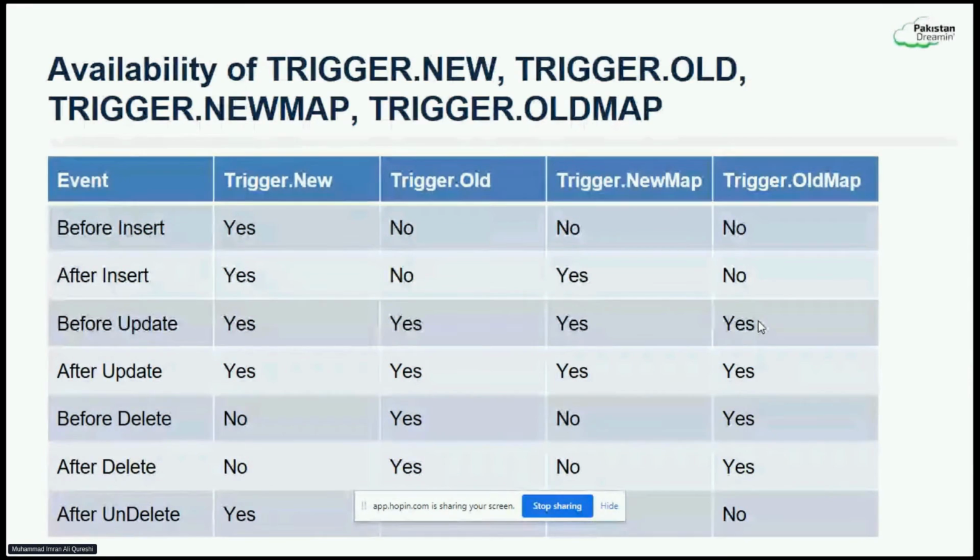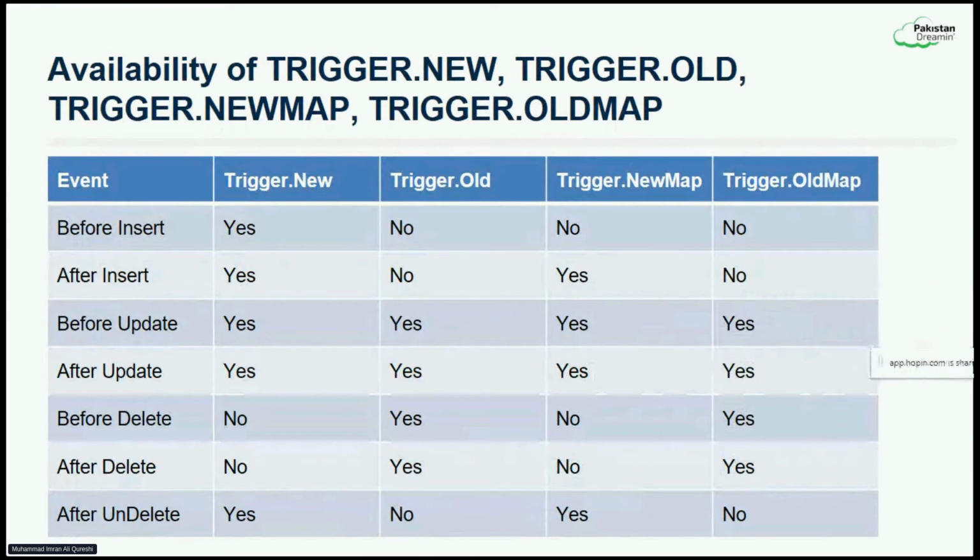We don't have any new and new map context variables, because the record will be deleted. So we just have the old values for this event. Same for after delete, we just have old and old map. We don't have new and new map context variables, and the reason will be the same, just like before delete.